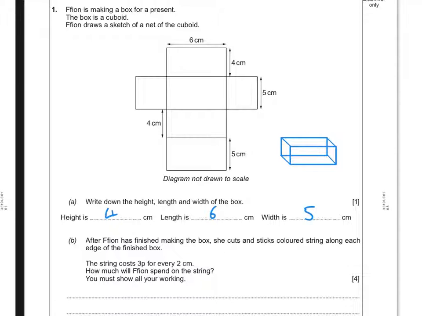The way I'm thinking about this one is that if we go back to this diagram, I've got a length of 4 here, here, here and here. So I've got 4 4s. I also have 5 centimeters, 1, 2, 3 and 4, so I've got 4 5s.